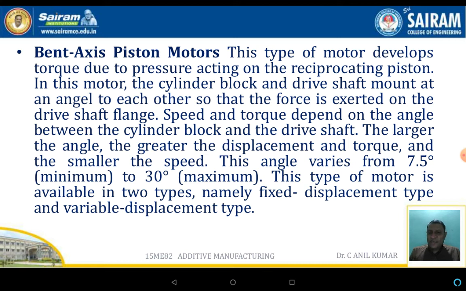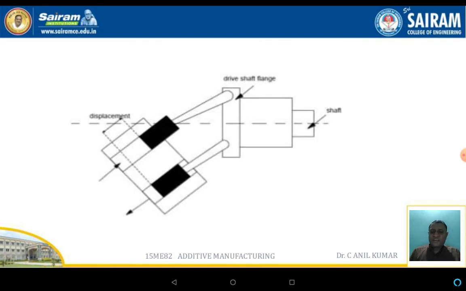The larger the angle, the greater the displacement and torque, and the smaller the speed. The angle varies from 7.5 degrees to 30 degrees. These motors are available in two types, namely fixed displacement and variable displacement.